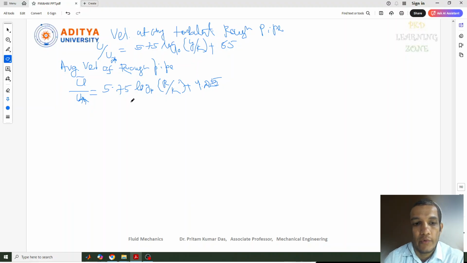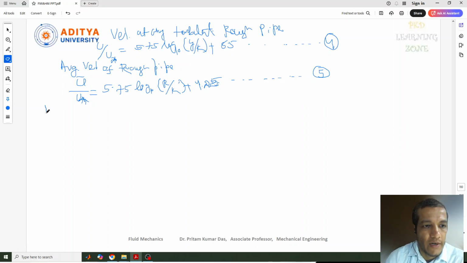This was the equation we got for the average velocity when the pipe is rough and the flow is turbulent. So this is u bar by u star equal to 5.75 log 10 R by k plus 4.25. Now very simple again. So this one we can give equation 4, and this one we can give equation 5.